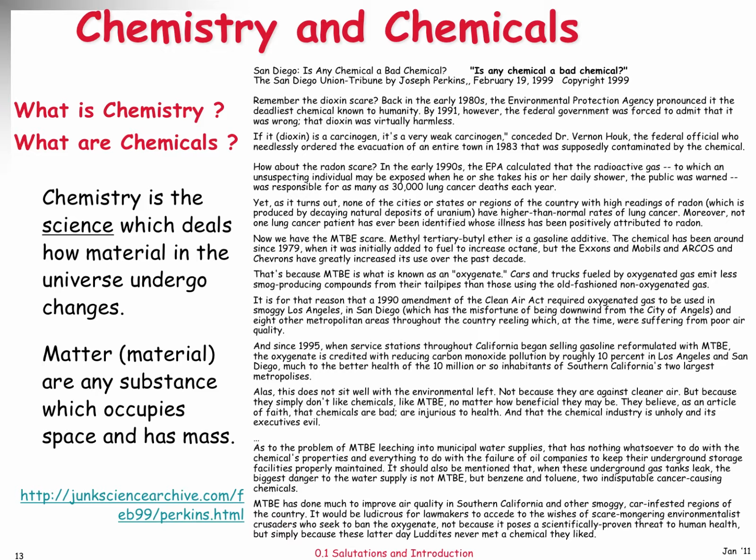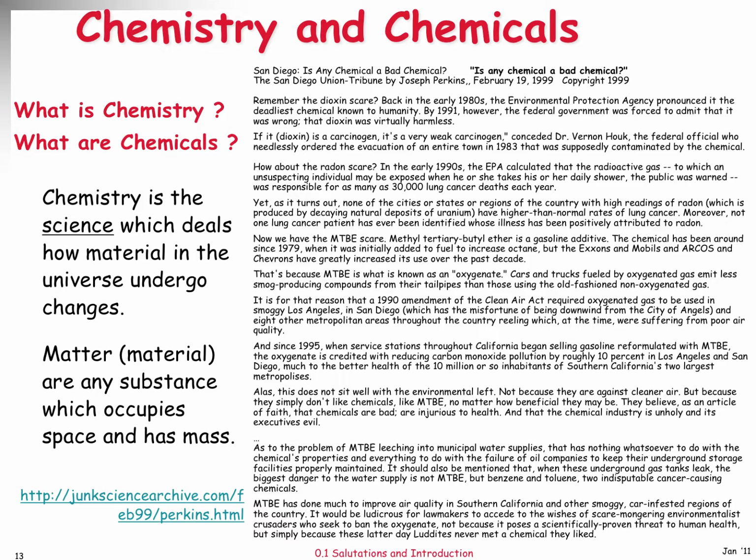Now we go to the MTBE scare. Methyl tertiary butyl ether is a gasoline additive. The chemical has been around since 1979. In the 1990s and early 2000s, it was used in our gasoline when it was initially added to fuel to increase the octane, but ExxonMobil and Arco and Chevron have greatly increased its use over that time period.